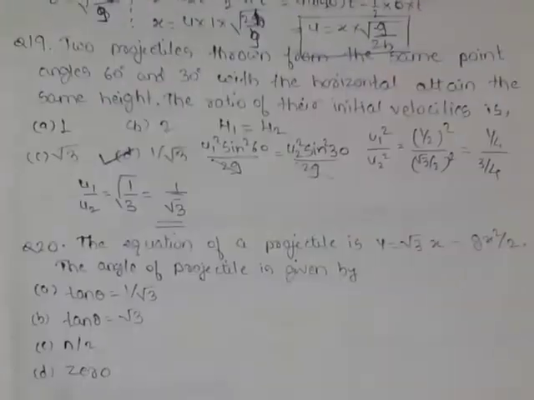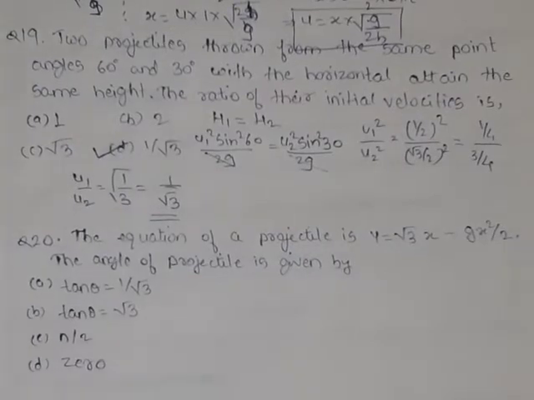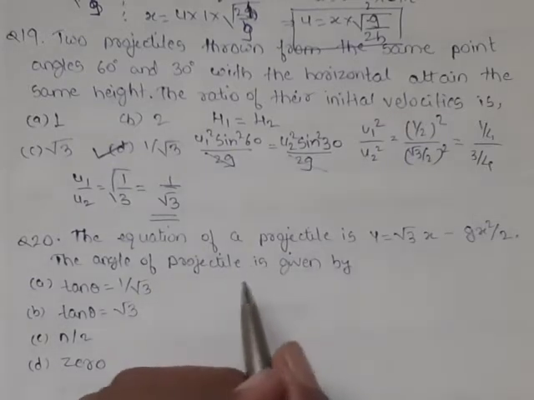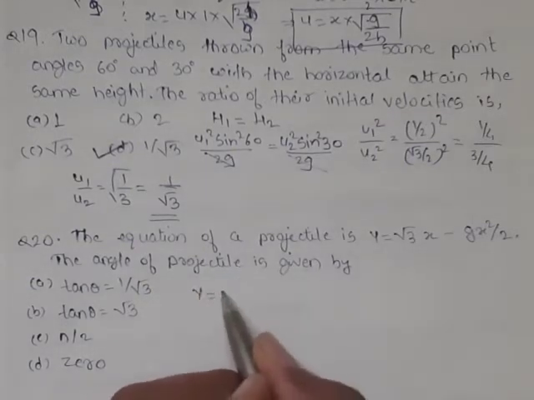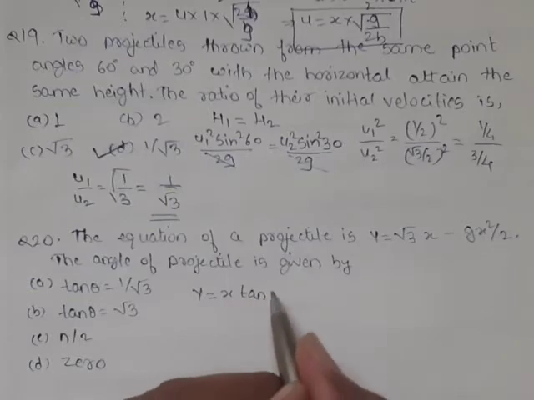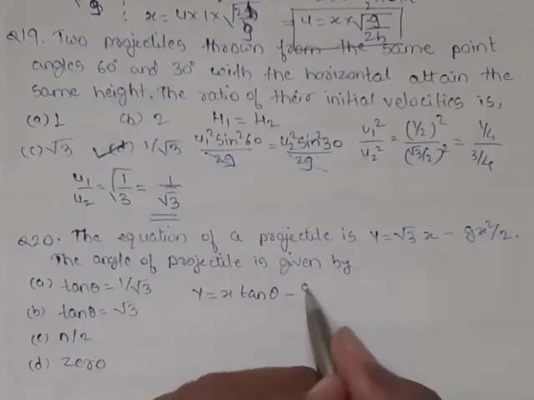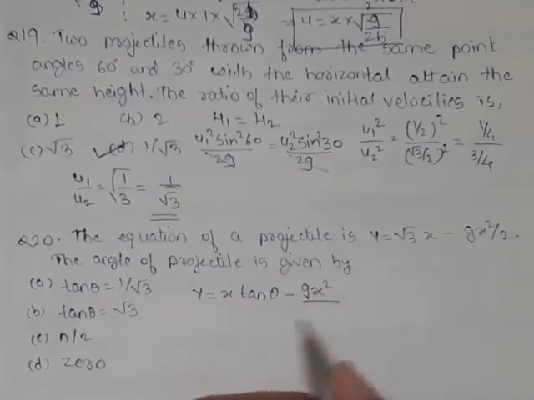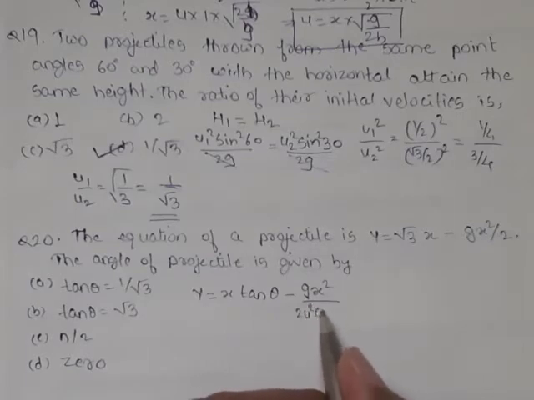Question 20. The equation of a projectile is y equal to under root 3 x minus gx square. It is similar to the equation of path. Our equation of path is y equals x tan theta minus gx square upon 2u square cos square theta.